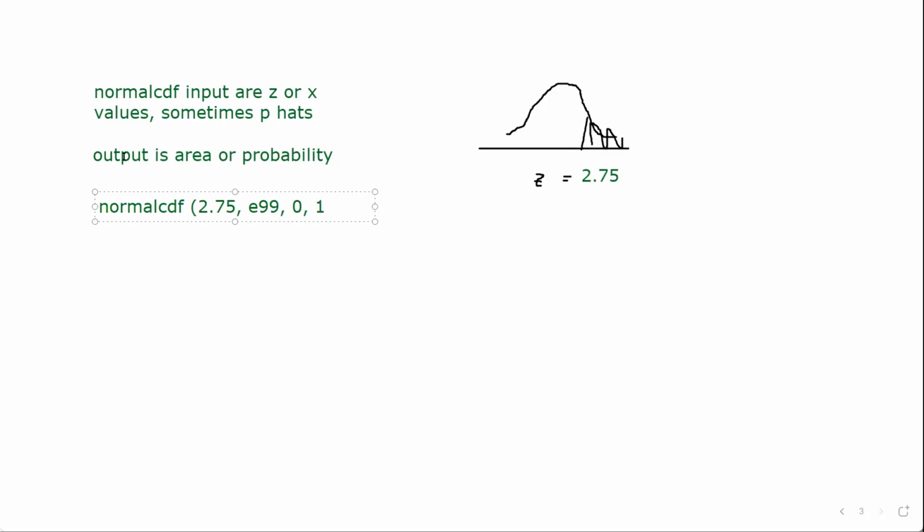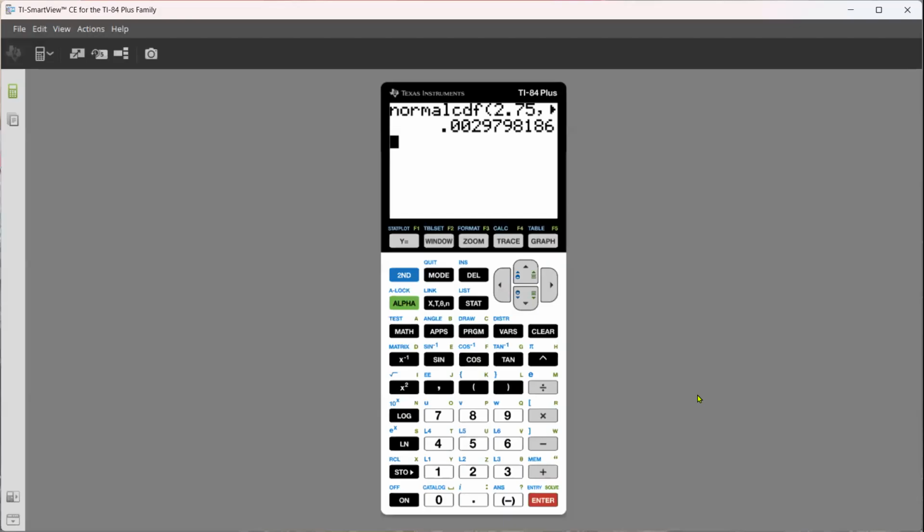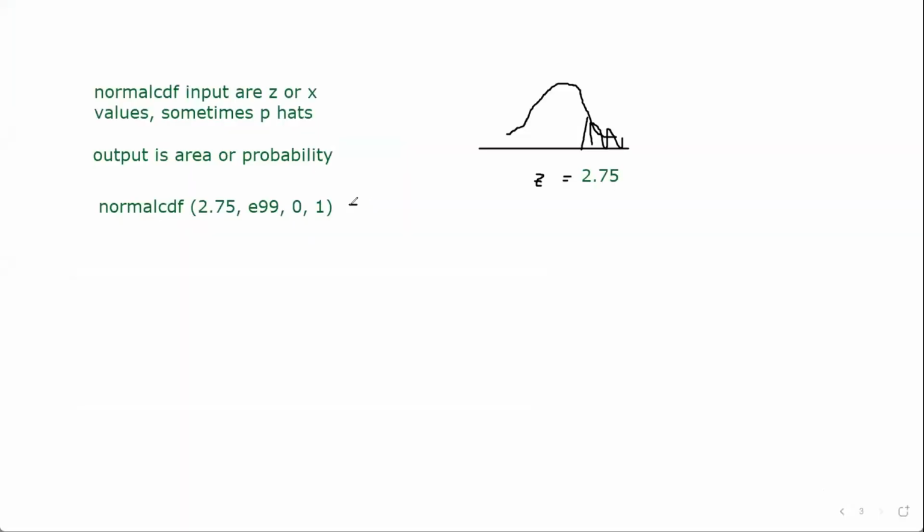Let me go back to the calculator. What I got out of it was 0.00297, so this is equal to 0.0030.